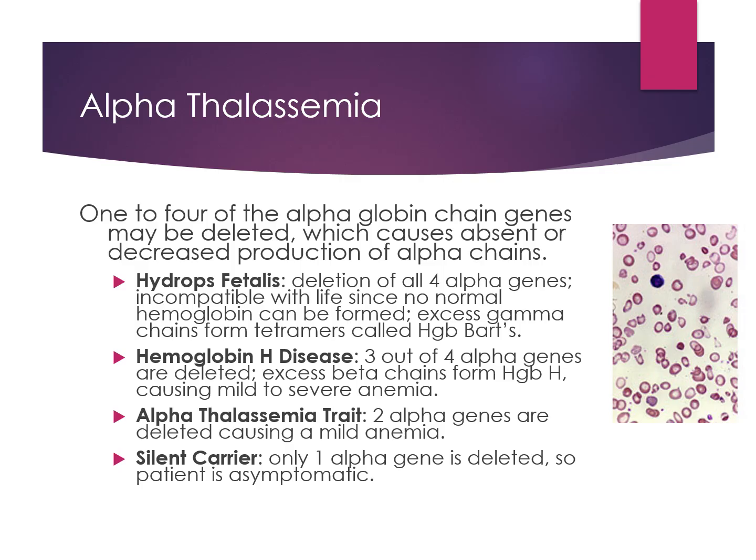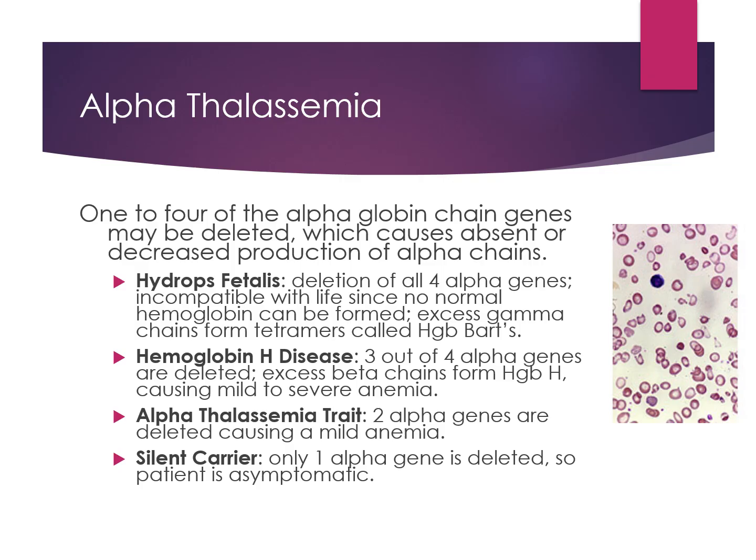The second type of alpha thalassemia is called hemoglobin H disease, and this is where we have three of our four alpha genes deleted. We might see excess beta chains that form hemoglobin H, and this is going to cause mild to severe anemia, depending on your pattern of inheritance. And then our alpha thalassemia trait is where we have two of the four alpha genes deleted, causing mild anemia.